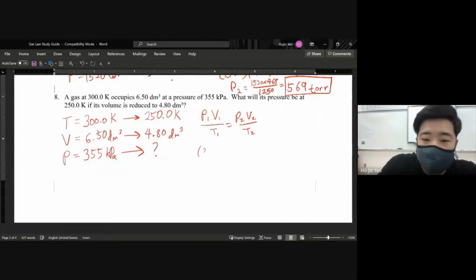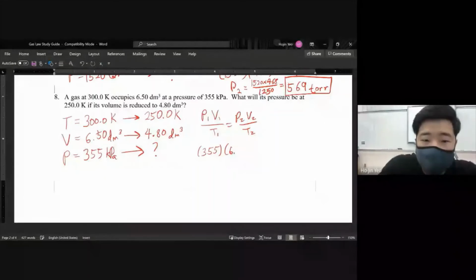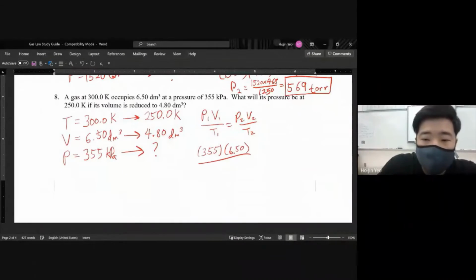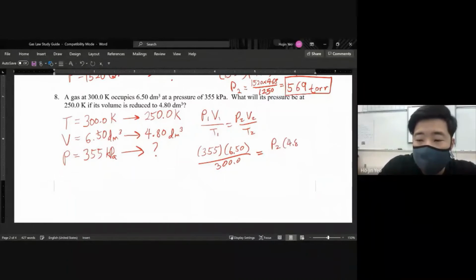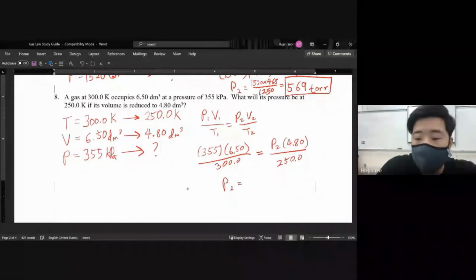So make sure to write down the information. Temperature is 300. Given pressure, that's what we're looking for. The volume is 4.8. And our temperature is 250. So we're just going to solve for P2.